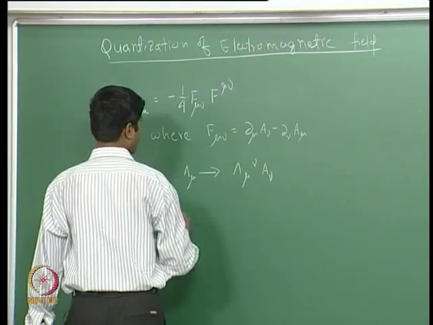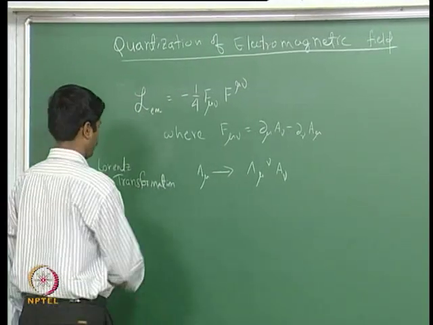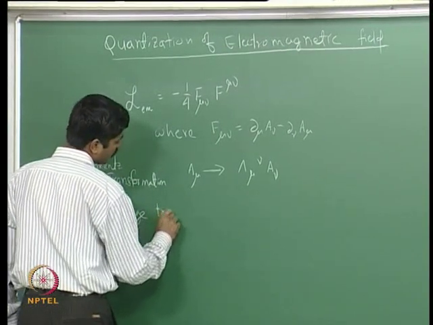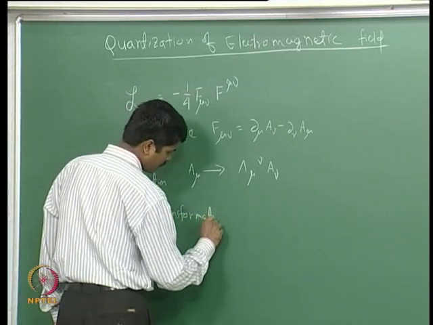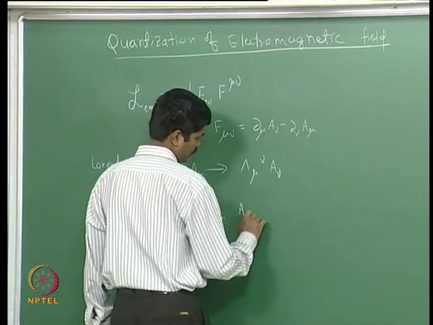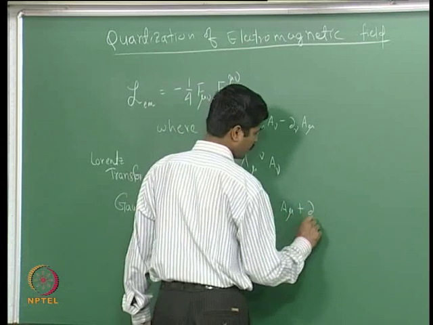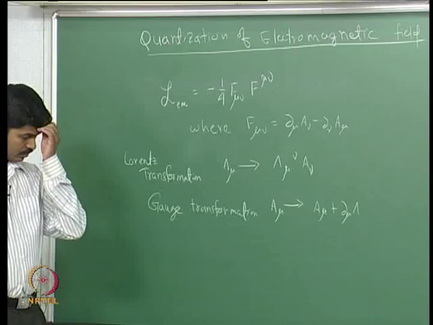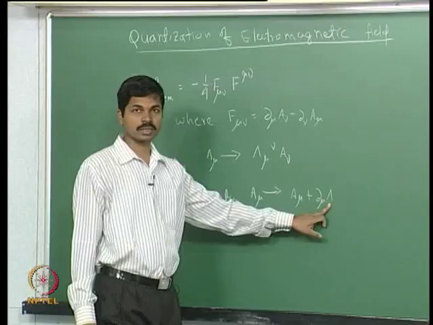In addition, you also have a gauge transformation, under which this field A mu goes to A mu plus del mu lambda, where lambda is any arbitrary function of space time.